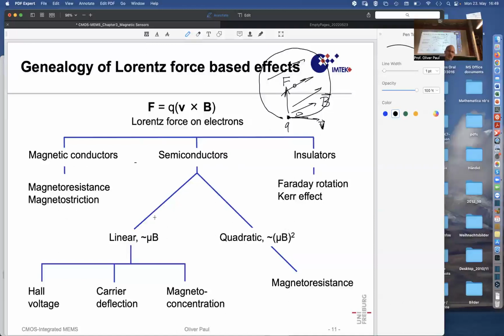But this linear effect is beautifully measurable, and it manifests itself most relevantly in the Hall voltage. That is what we have seen in the first schematic slide, this Hall voltage that develops perpendicular to the current flow. This carrier deflection can occur in very weakly doped samples where charge carriers are pushed a little bit to one side, like also in magnetoconcentration.